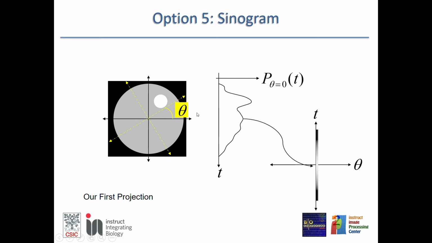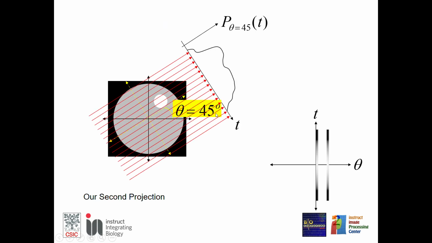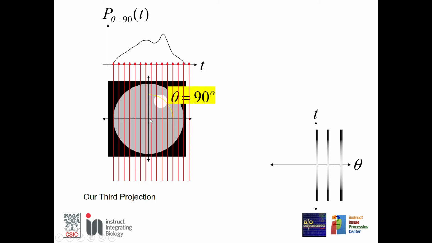So I take this profile and put it for theta equals 0, and then we have the axis T. But then I can project at 45 degrees, and I have the projection for 45 degrees, with the same axis T, which is how much this point is shifted with respect to the origin.